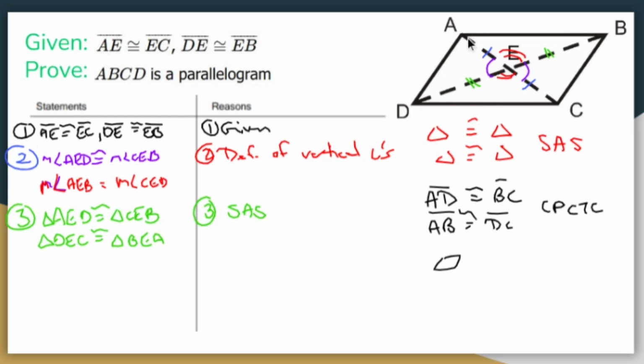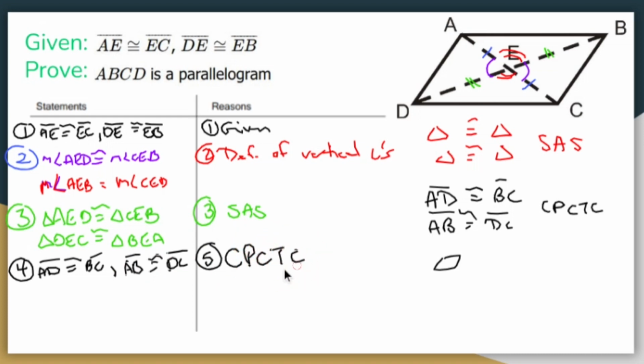Since the lefty triangle and the righty triangle are exactly the same, we can say that AD is congruent to BC. And since these triangles are the same, AB is congruent to DC. That was corresponding parts of congruent triangles are congruent.